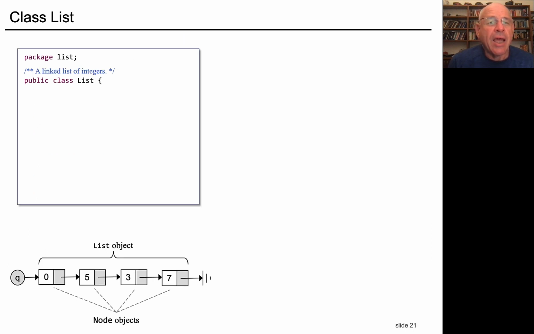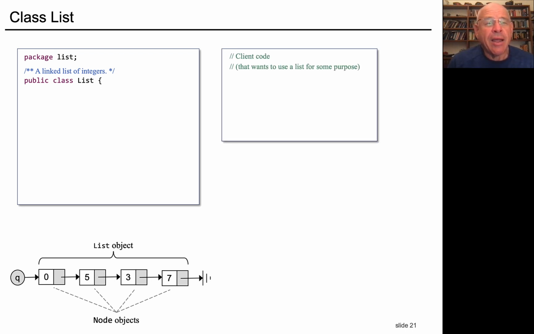All right. And what about the list class? That's something new that we didn't have before. Well, once again, it belongs to the same package, list. And let's see how we can use this class. So I want to create a list for some reason. So I'll begin with an empty list. So I say list q equals new list.